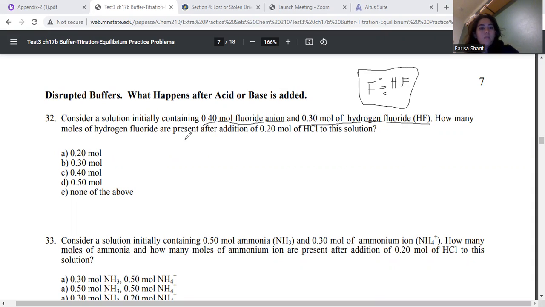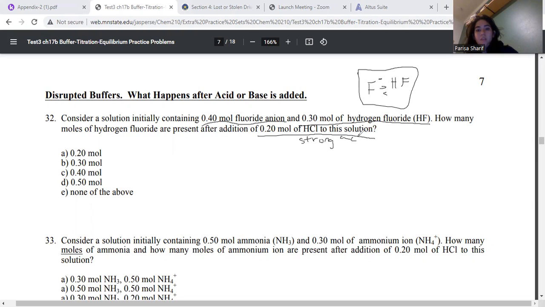Then it says how many moles of hydrogen fluoride are present after addition of 0.2 moles of HCl to the solution. So basically when you're adding, well, what are we adding first of all? We're adding a strong acid. So this is pretty much a buffer being tested.